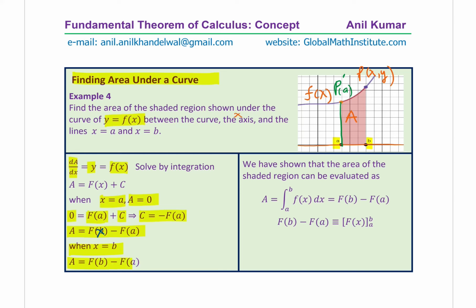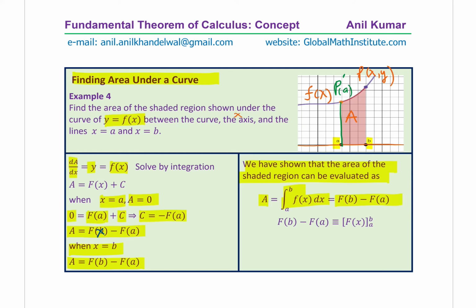So area basically is the difference in the indefinite integral values at the points b and a, correct? So we have shown that the area of the shaded region can be evaluated by the integral from a to b of f of x dx, and that is equal to F of b minus F of a. Is that clear to you?